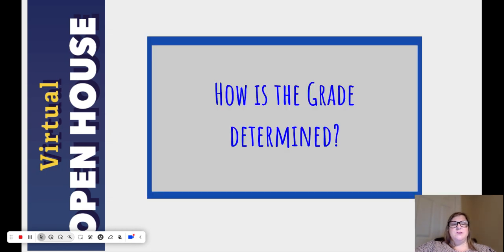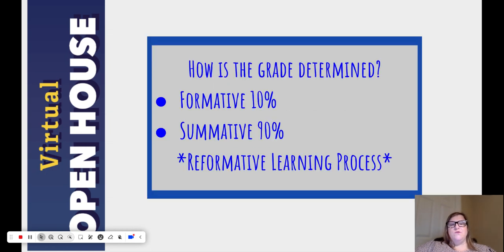If we look at how the grade is determined, as you're viewing the breakdown between the summative and formative, I can assure you that we do several almost daily check for understandings, so that the students can self-assess and see where they are in the progression of their learning towards our standards, and so that it can inform me as to how I need to plan our next lesson.